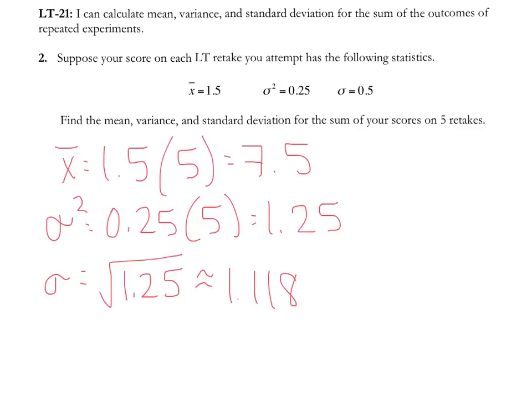You take the variance for each individual experiment and multiply by however many times you do that experiment. This does not work for the standard deviation. You cannot just take the standard deviation and multiply by the number of times you do the experiment. Instead, you have to find your variance first and take the square root of whatever variance you get.